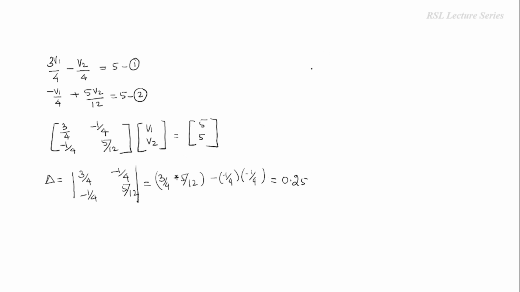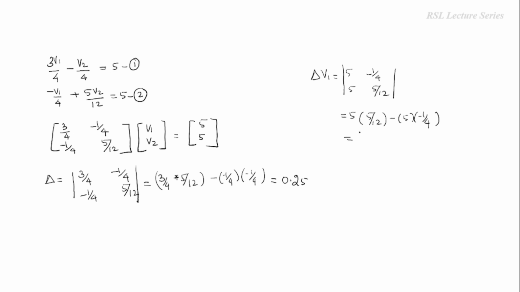So next we have to find out delta V1. So for finding out delta V1, we have to replace the first column with the right hand side matrix. So the first column will be 5, 5. The second column will remain the same, minus 1 by 4, 5 by 12. So now we have to find out the determinant, 5 into 5 by 12 minus of 5 into minus 1 by 4.